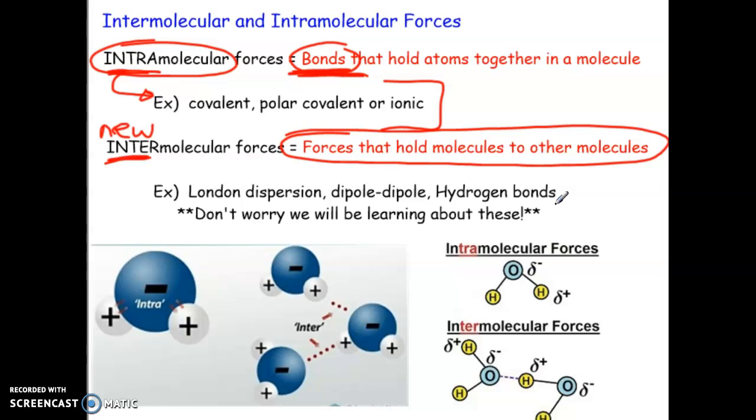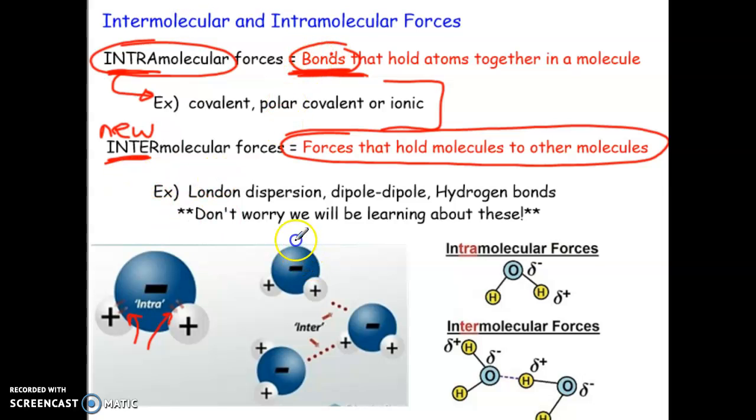What I want you to understand is the difference between intra and inter. These little structures here are water molecules. Intramolecular forces are talking about how these atoms are bonded to each other. What is causing this atom to stay with the other atom? In this case, it's the types of bonds, right?